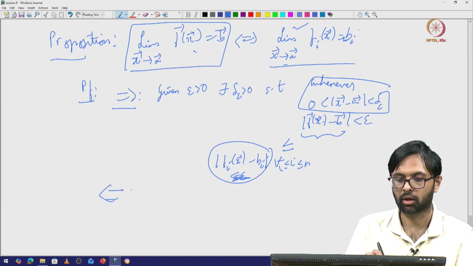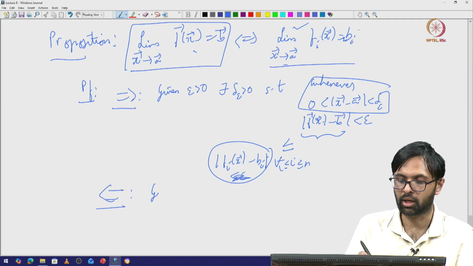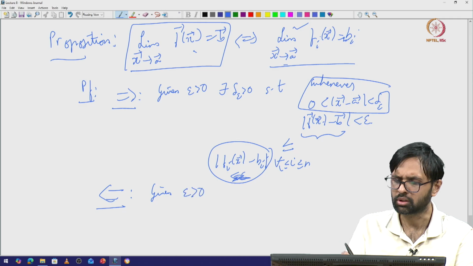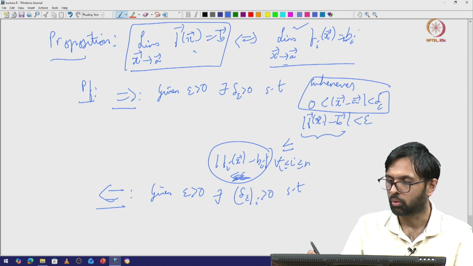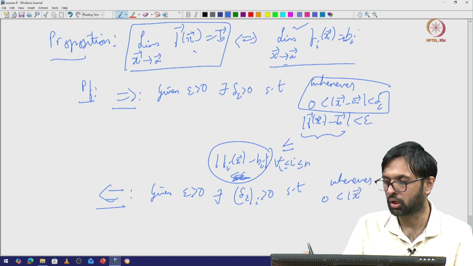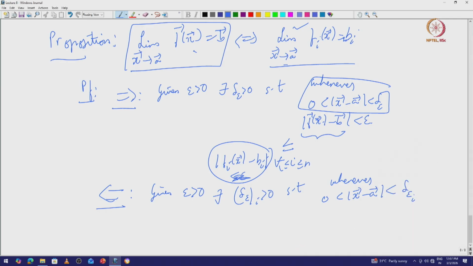What about the other way? Given epsilon greater than 0, potentially for each component there could exist a different delta such that whenever x is close to a, but the closeness might depend on i, f_i of x minus b_i is less than epsilon.